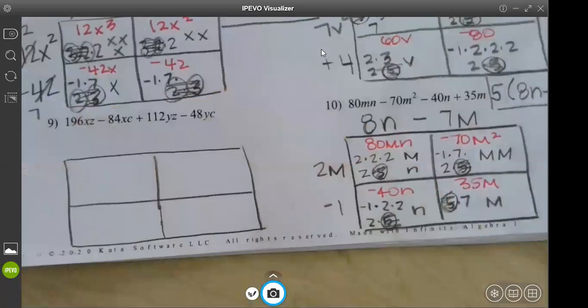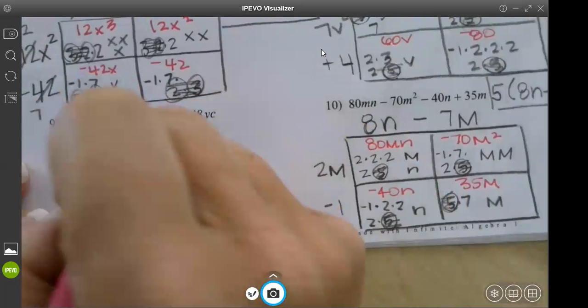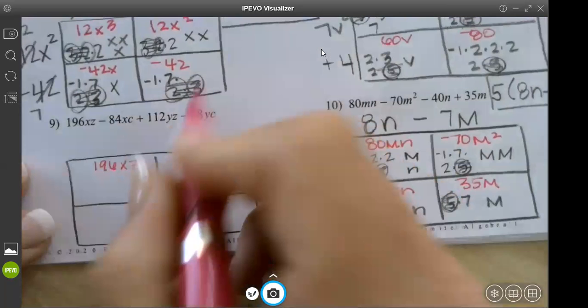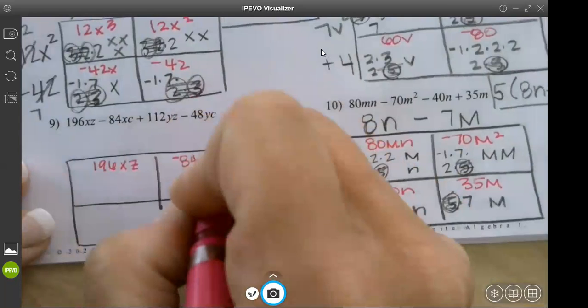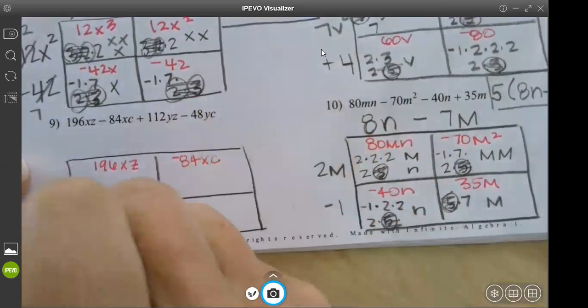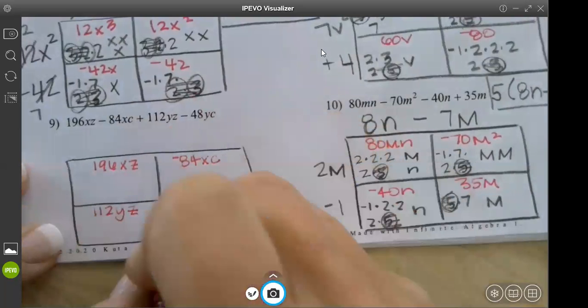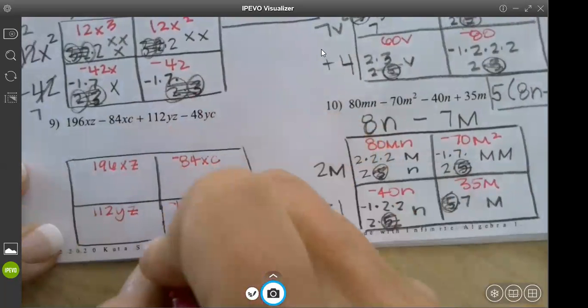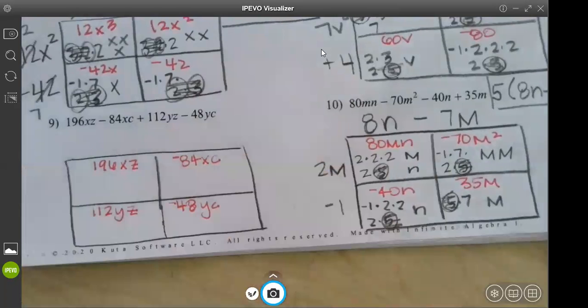Okay. We have 196xz, negative 84xc, 112yz, and negative 48yc.